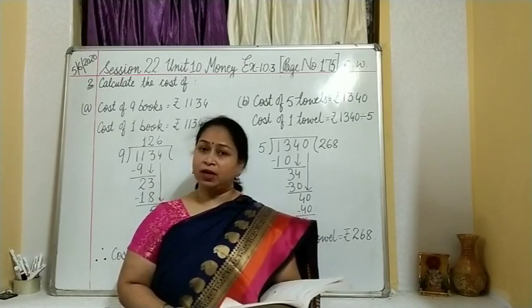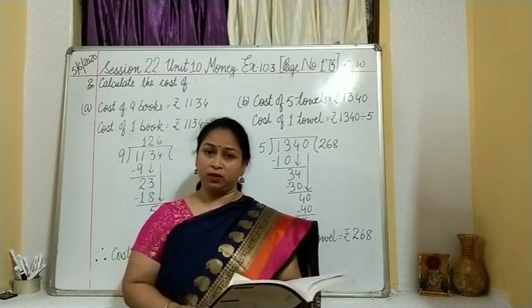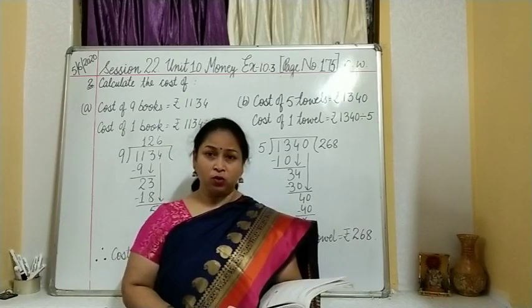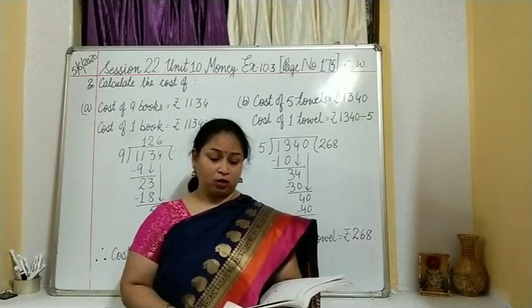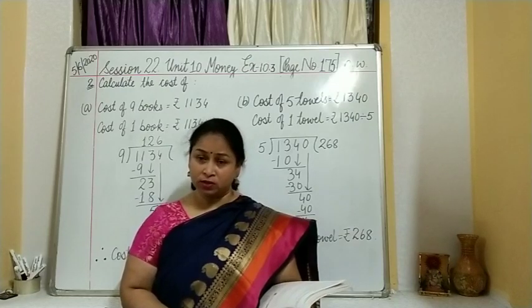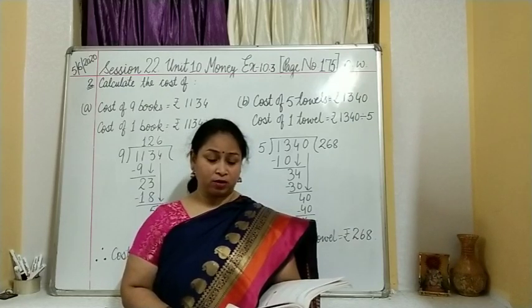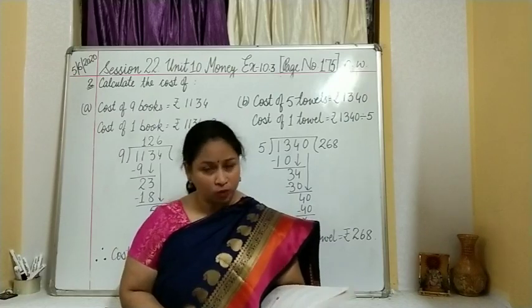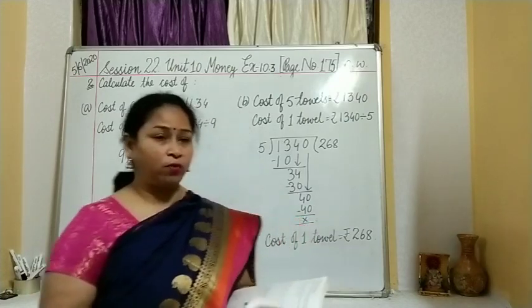Multiply. But if many is given and one is asked, what do we have to do? We divide. Okay, so here also you can see that the cost of 9 books is given to you, and that is rupees 1134. So you have to find out the cost of one book.